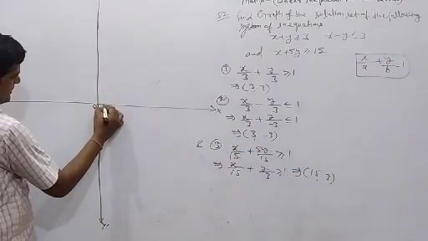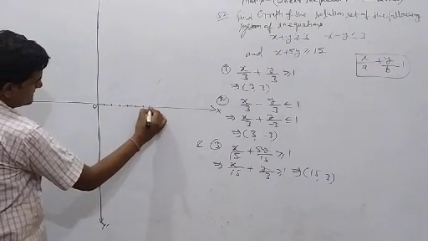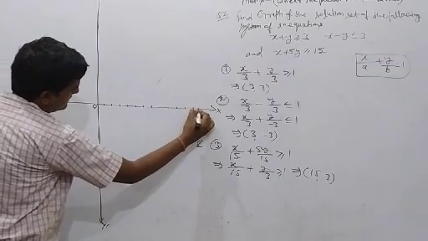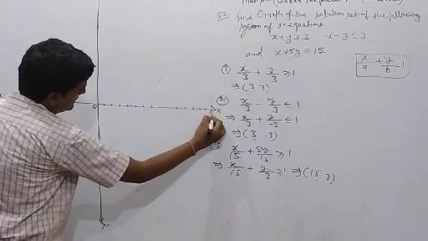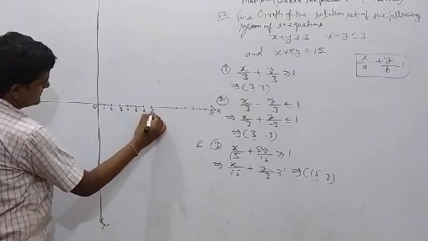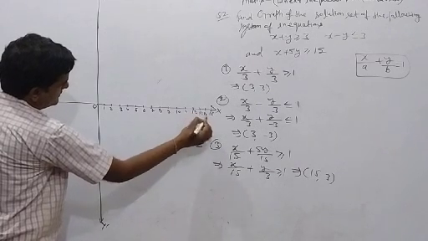Then 1, 2, 3, 4, 5, 6, 7, 8, 9, 10, 11, 12, 13, 14, 15. Clear?